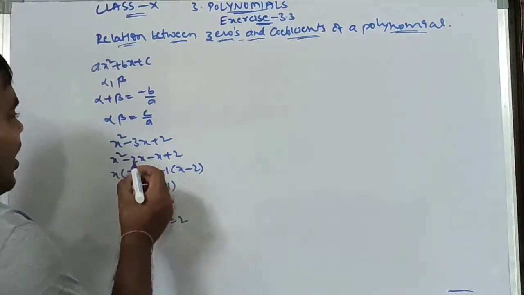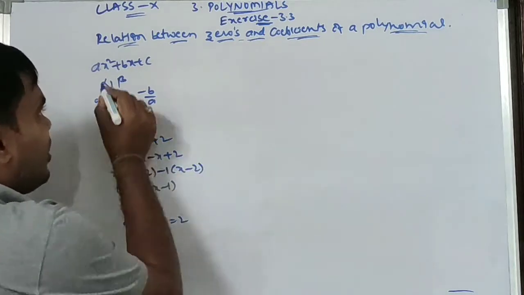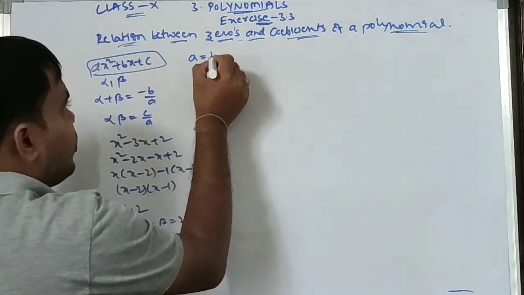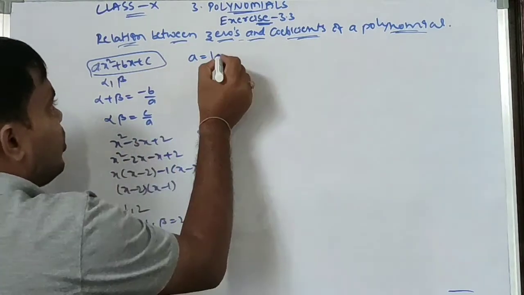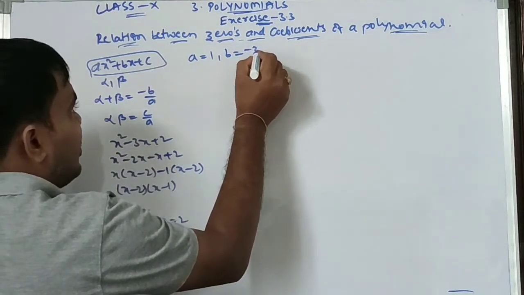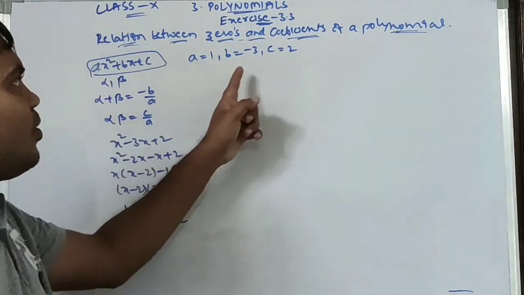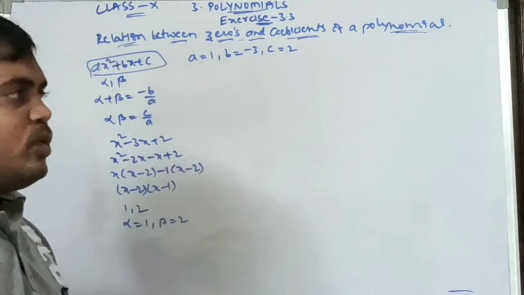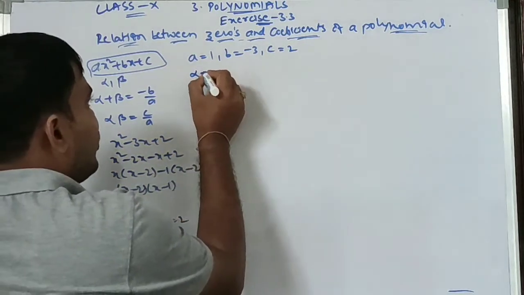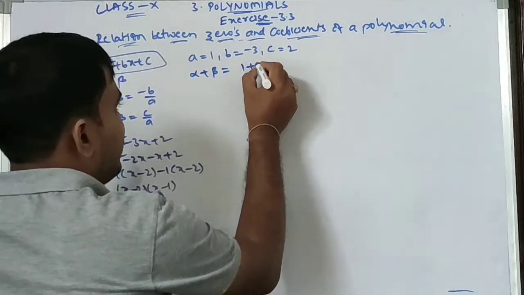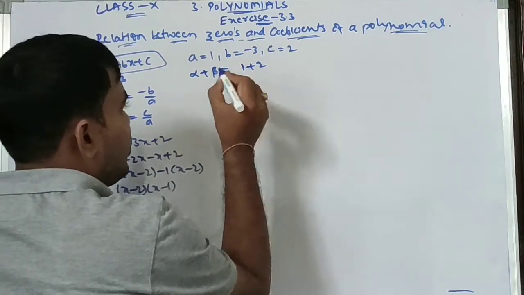So I want to compare with ax square plus bx plus c. a equal to 1, b equal to minus 3, c equal to 2. Alpha plus beta equal to how much? 1 plus 2 equal to 3.